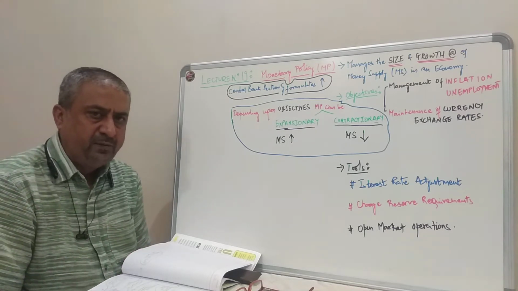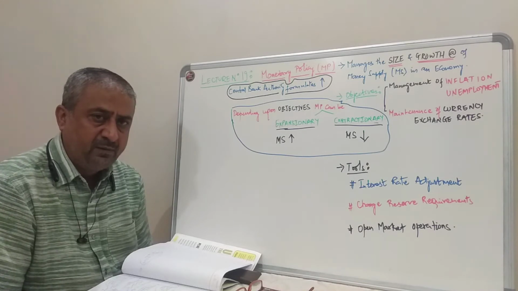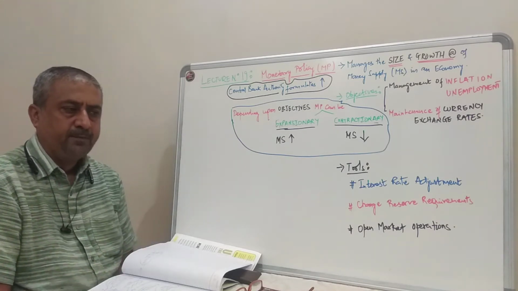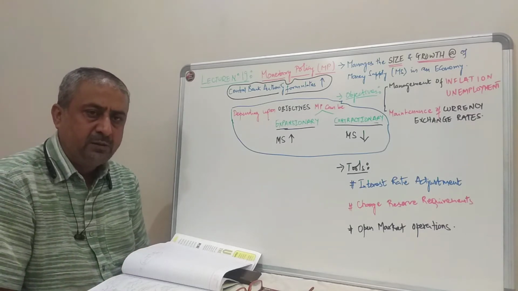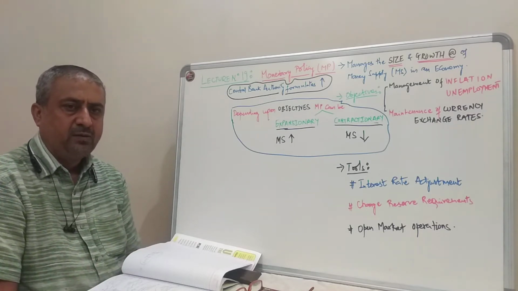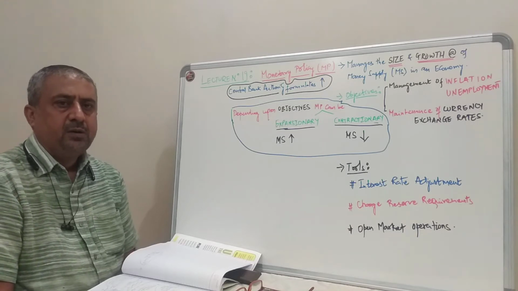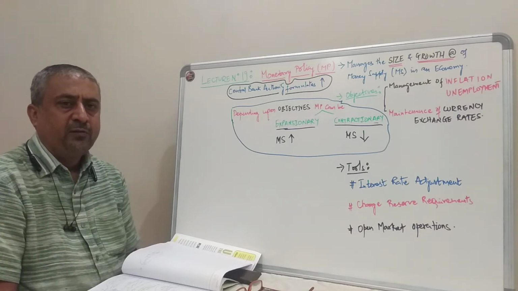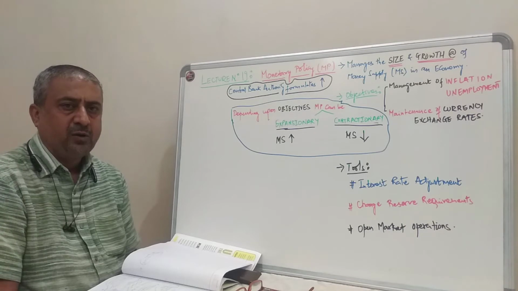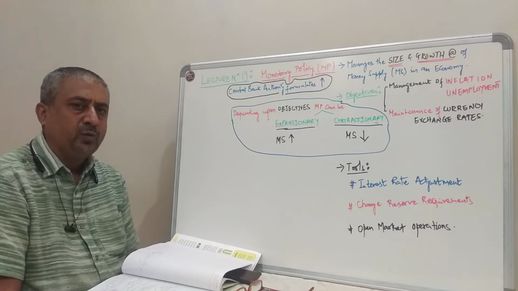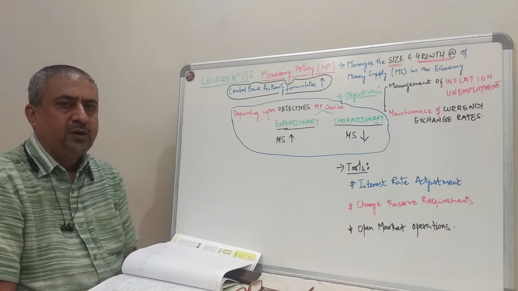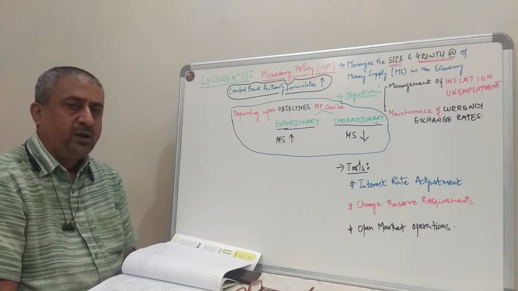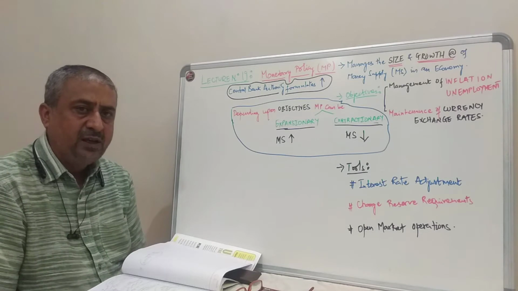Fiscal policy is that policy related with financial management. That is, if there is more revenue than expenditure, how to manage that, or more expenditure than revenue, how to overcome that. That policy is what we call fiscal policy, whereas monetary policy is an economic policy.